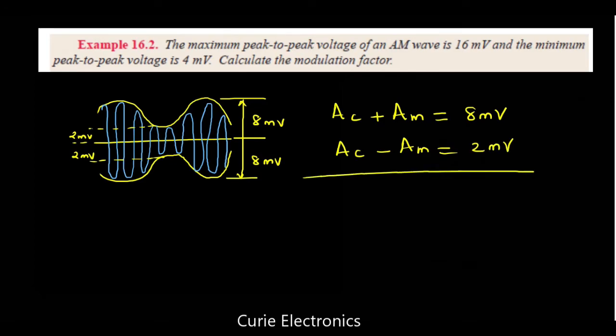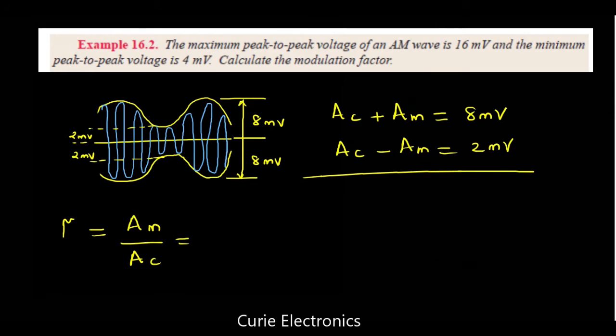The modulation factor or modulation index equation is amplitude of message signal upon amplitude of carrier signal. We have to find AM and AC, and we have a two variable equation. So what you have to do is simplify the equation and we will get the answer.